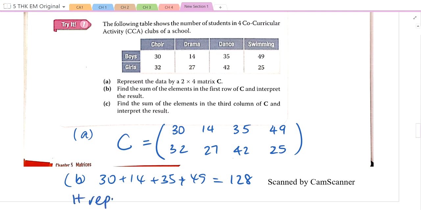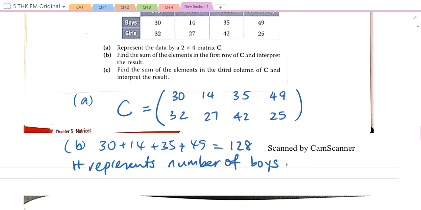It represents number of students. Boys or students? Boys. Number of boys, then continue. In the 4 CCAs.